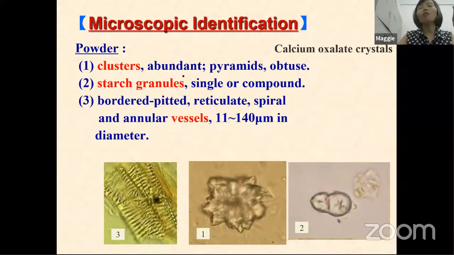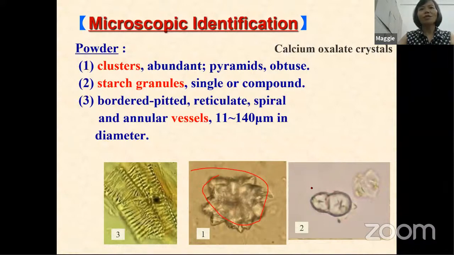Microscopic characters of the powder of the rhubarb. We grind the drug into powder, make temporary slices, and put them under the microscope to observe. There are some tissues we can see. The first one is clusters. The clusters are abundant, pyramidal, obtuse.